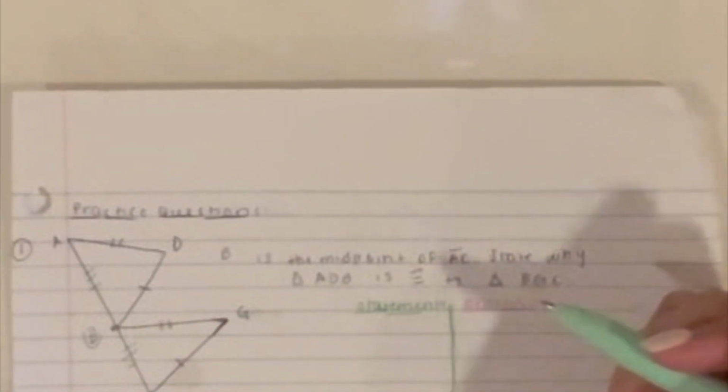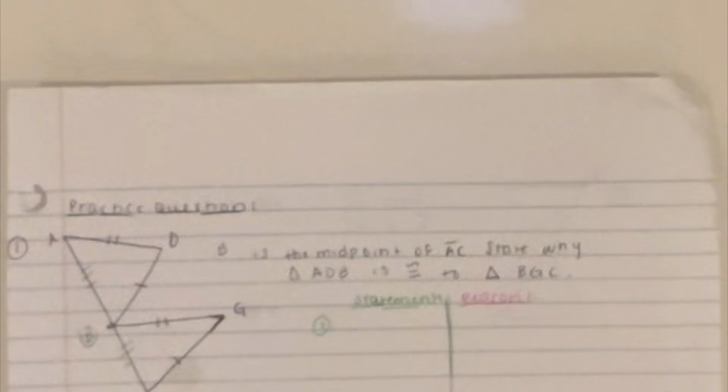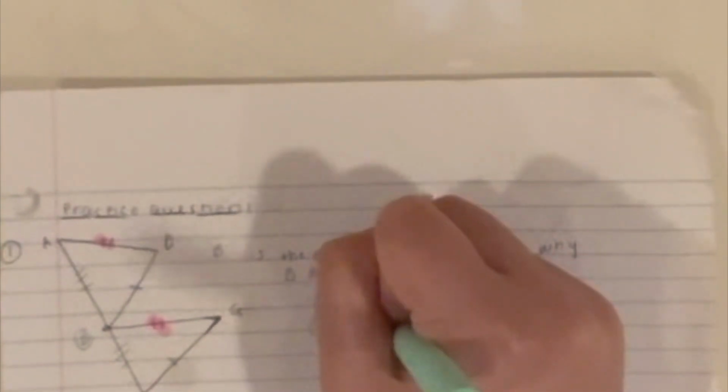Okay, so we have to start by writing the statements first. The first statement, if you look over here, shows that line segment AD is congruent to line segment BG, and that is just given. So you write AD line segment is congruent to line segment BG, and the reason for that is given, because it is literally given to you.